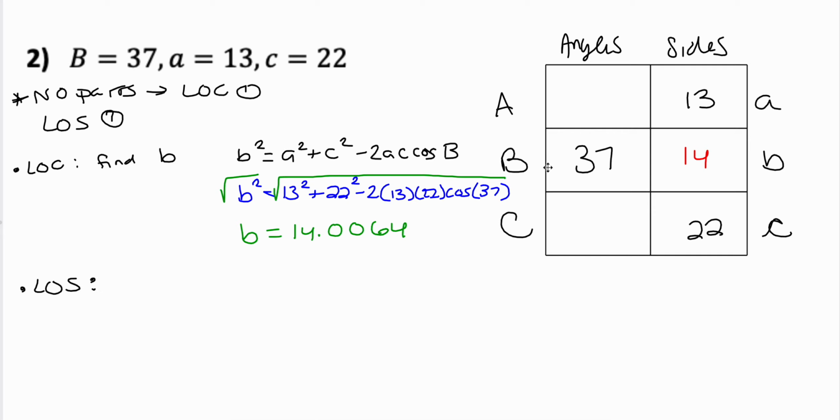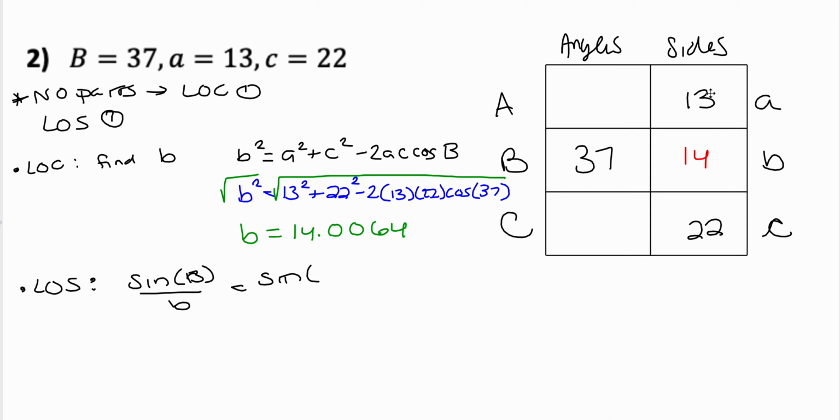I know I'm going to use big B and little b, so I'm going to use sine of 37 and 14. Since I'm finding an angle, I need to put my angle on top. So I'll have sine of big B over little b equals sine of, okay. Now to determine which one to do next, you always look for your next smaller number.